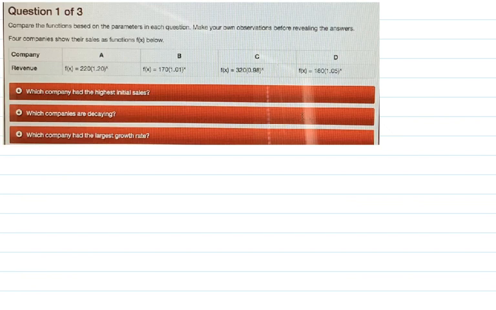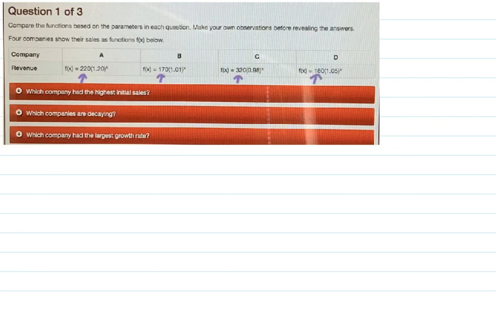All right, so for this next question, it says compare the functions based on the parameters in each question and make your own observations before revealing the answers. I'm talking faster because I'm running out of time. 4 companies show their sales as functions f of x below. And so which company has the highest sales value? Or highest initial sales. So we'll go through and look at all of our p-values.